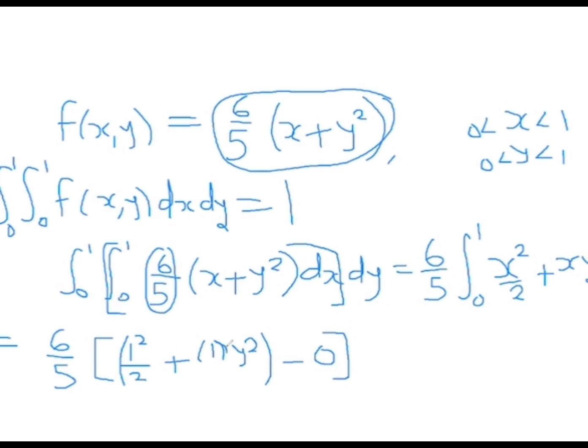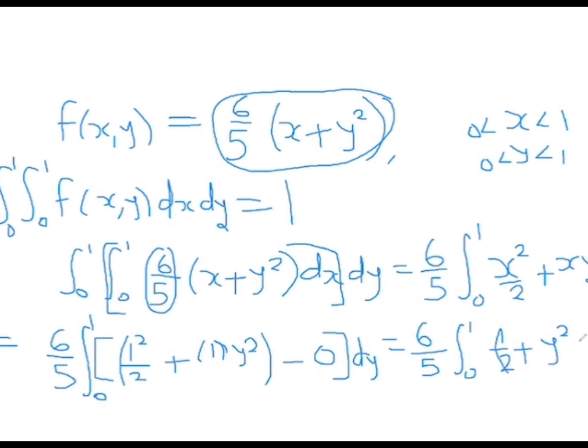And of course, don't forget, I still have the integral sign from 0 to 1 for y. So if I simplify, I'm going to have 6 over 5 times the integral from 0 to 1 of 1 over 2 plus y squared.